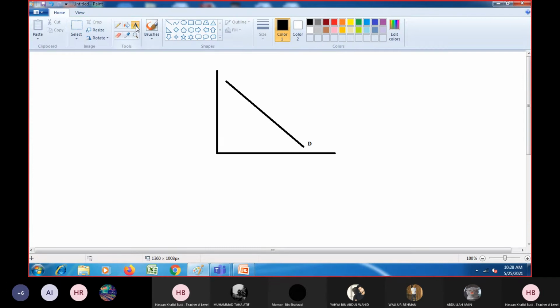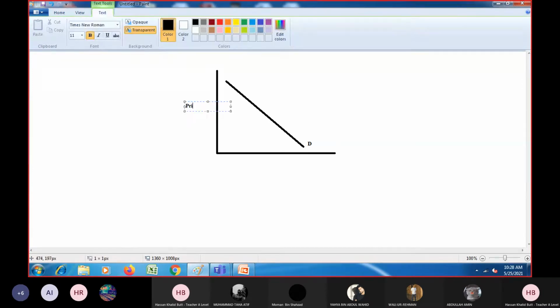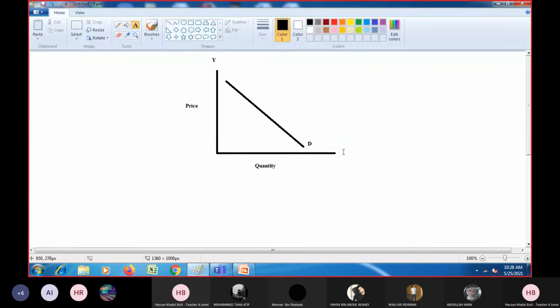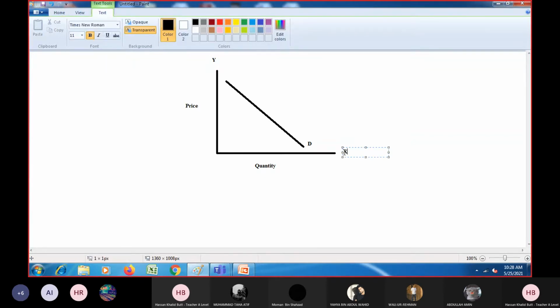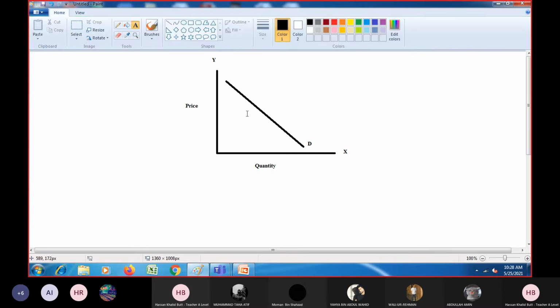One variable we take on the y-axis, that is price, and the other variable we take on the x-axis, quantity. And you did that in the earlier class or classes, right? So this is y-axis and this is x-axis. Okay, and this negatively sloped demand curve shows that there is a negative relation between price and demand.